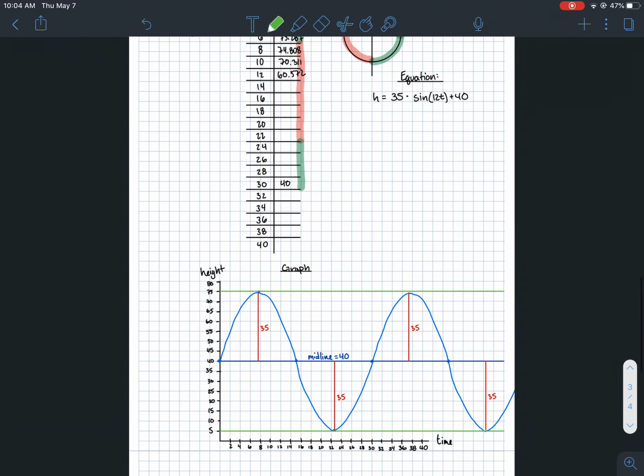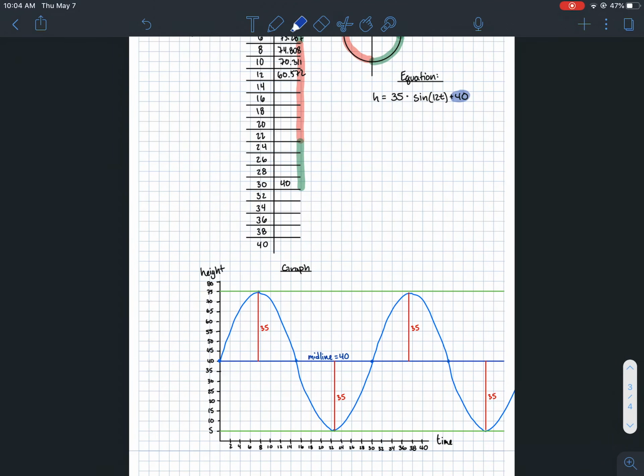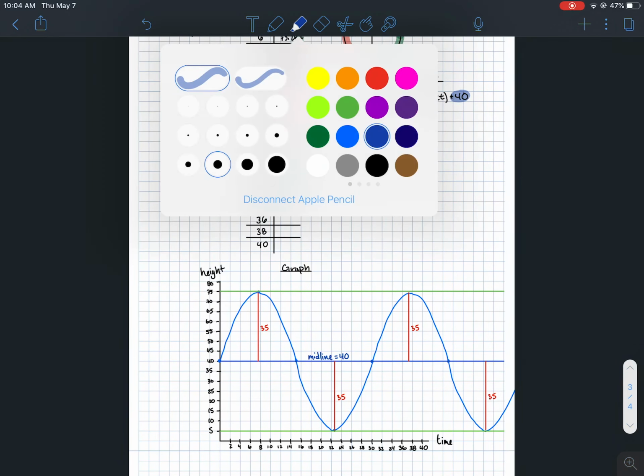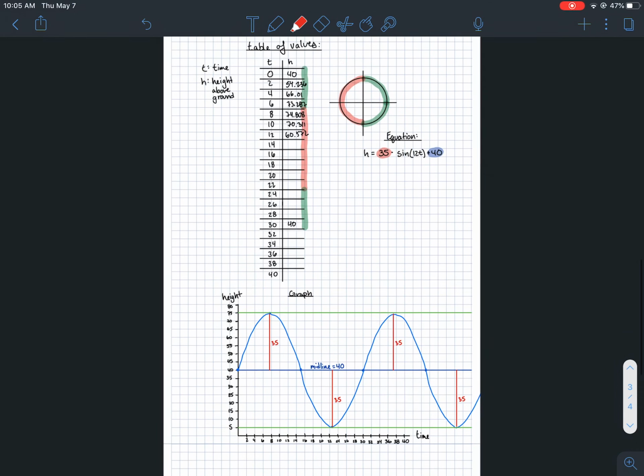And we can connect that to our equation up here, which says midline of 40, a radius of 35, and then that sine degree is going to tell us where that is on the graph. But it has a maximum of 75 and a minimum of 5.